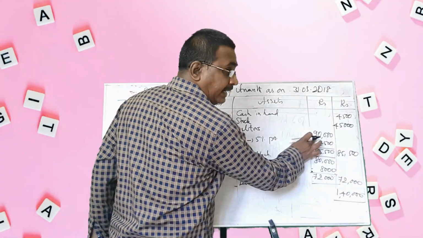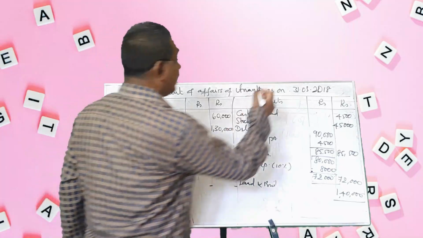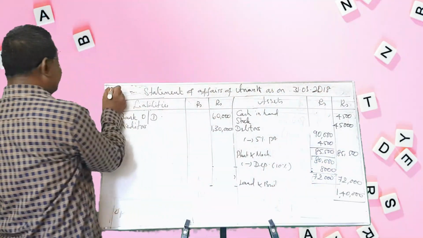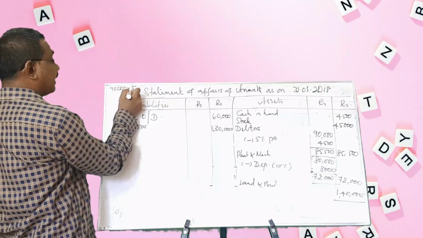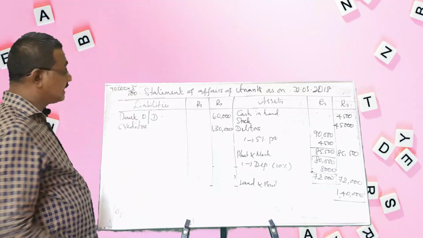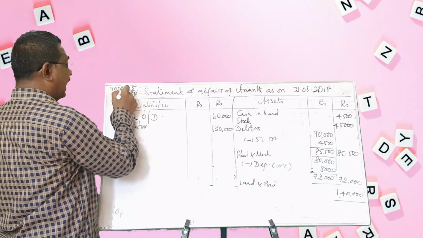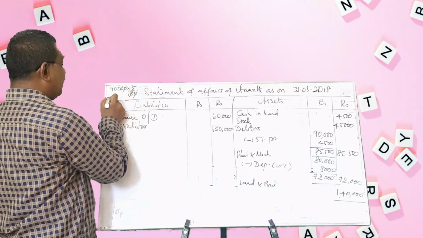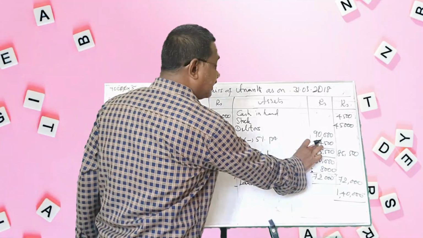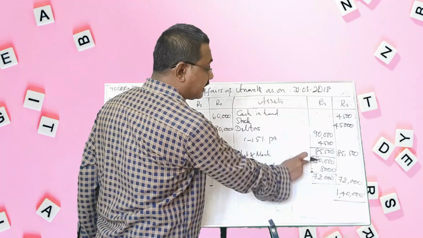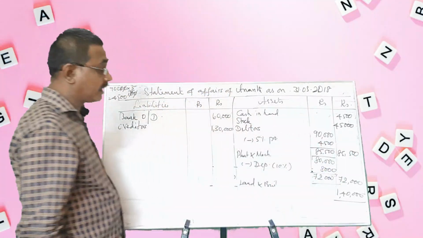On this 90,000 you have to calculate 5%: 90,000 into 5 by 100. Strike off zeros and you get 9 5s are 45, 4,500. I have deducted that 4,500 from 90,000 and the remaining 85,500 is shown in the outer column.